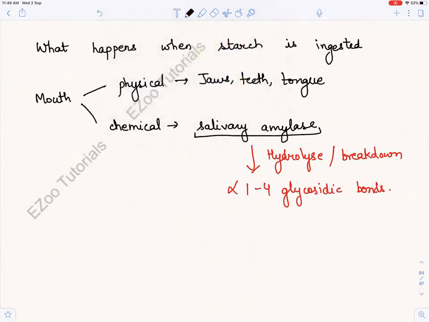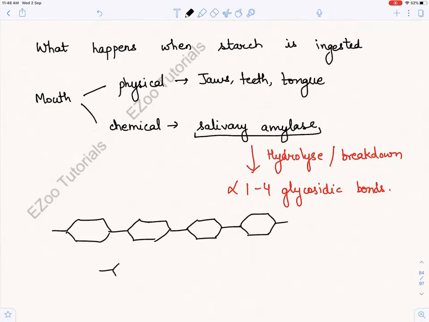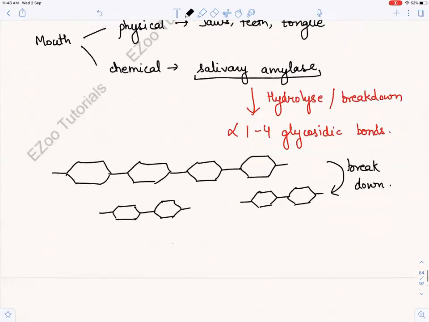So what I'm trying to say is that if this is a glucose polymer with alpha glycosidic bonds, what will happen in the mouth? It will become short chain. Basically, this breakdown is taking place. Easy to understand?